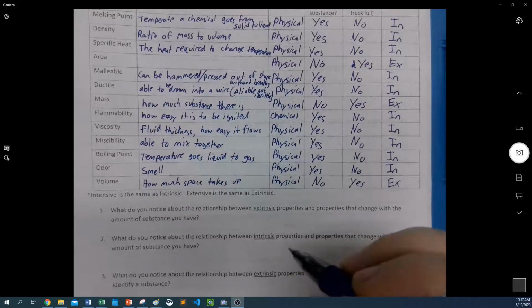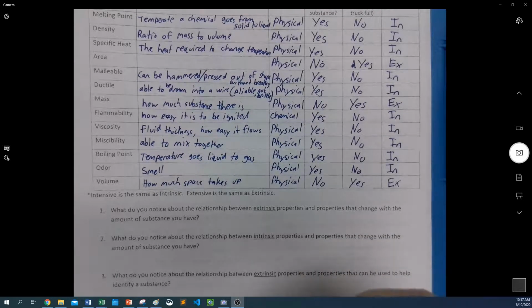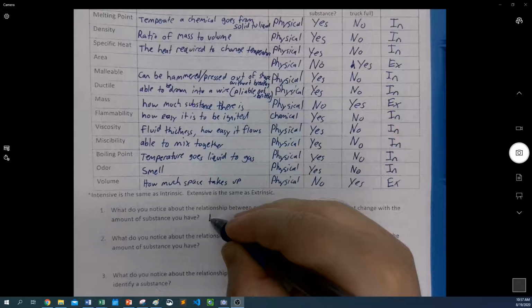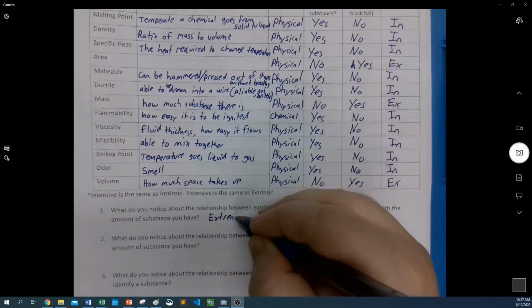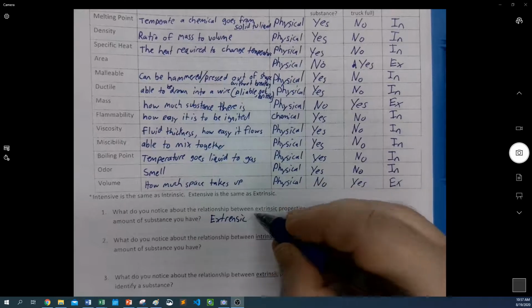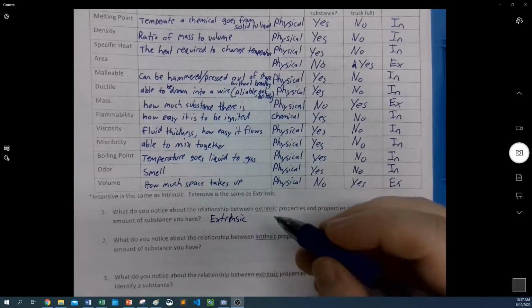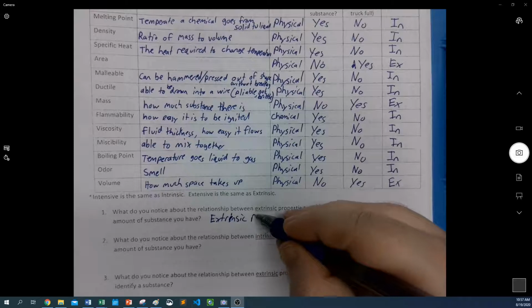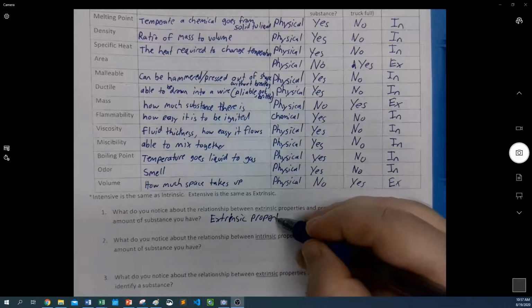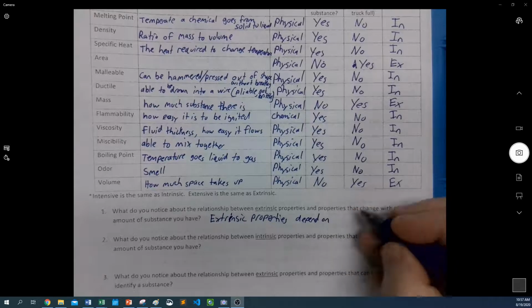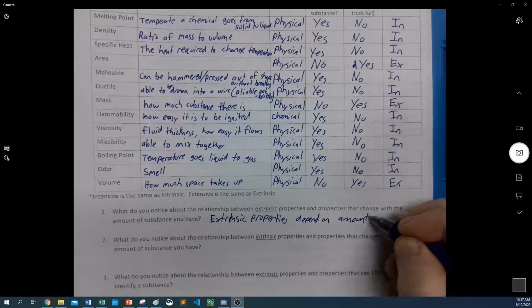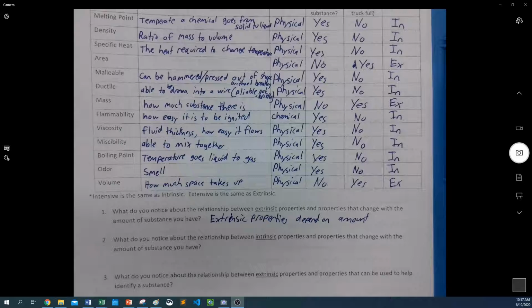So extensive properties depend on the amount. And what do you notice about the relationship with intrinsic? Intrinsic does not depend on amount.